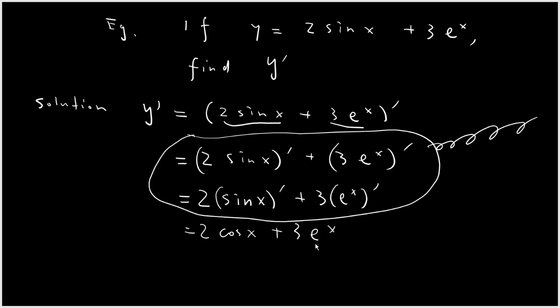By that we mean it's permissible to differentiate the function term by term. You can just leave out the constants. Now for instance, to differentiate that function, the derivative is 2 times the derivative of sine, which is cos, and then plus 3 times the derivative of e to the power of x, which is e to the power of x.